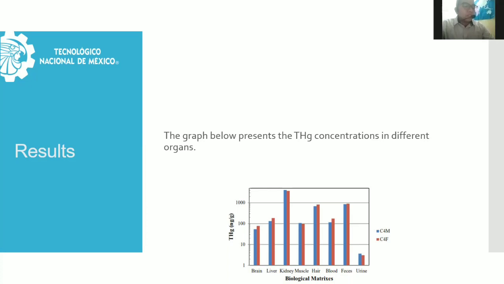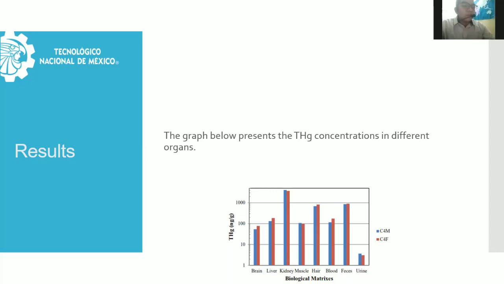We can see in the following graph that in both, the total mercury concentration is quite high in the kidney, followed by the hair. Although mercury can be quite neurotoxic, the brain is not the place that is seen as most affected by this substance. We can also observe that urine is the place where total mercury is least excreted.